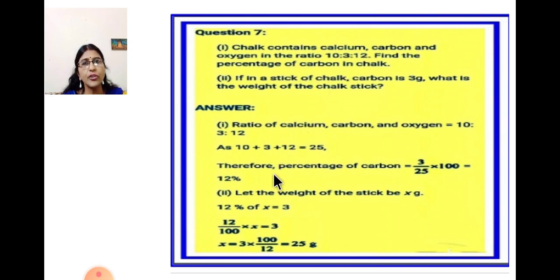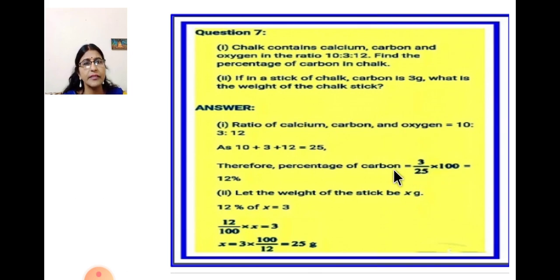So we'll write therefore percentage of carbon is equal to, here you can see here carbon is 3. So ratio of carbon is 3. So we'll write 3 in the numerator upon the total ratio is, you can see here 25. So we'll write 25 into 100.